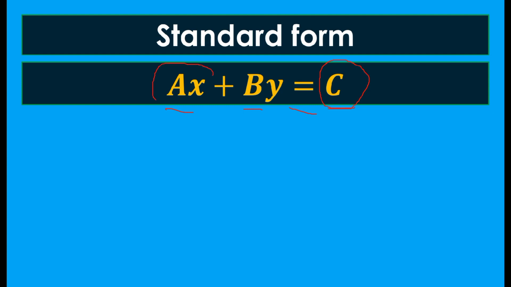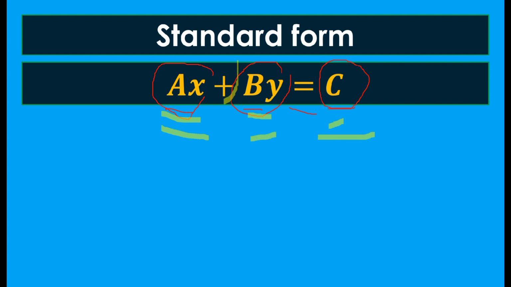Your ax should come first before your by. And your a, b, and c are real numbers, but the sign of your a must always be positive. Okay, I'll repeat. The standard form of linear equation is ax plus by is equal to c.